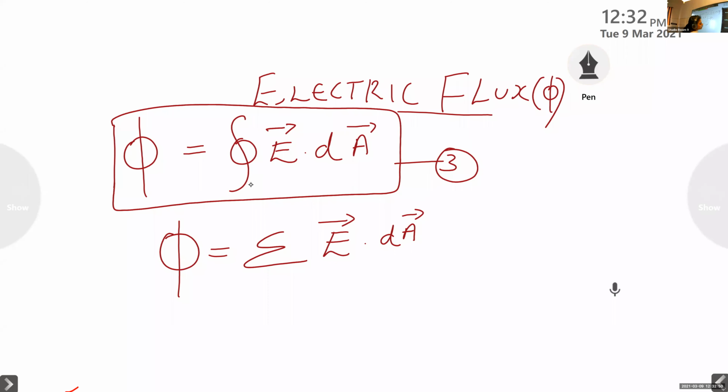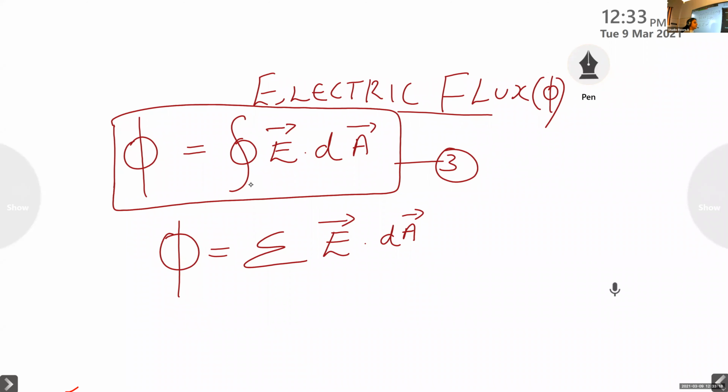Vidur, what is another definition for electric flux? It can be defined as the dot product of the electric field vector and the area vector. That's very good. Aryan, what about the third definition for the electric flux phi?